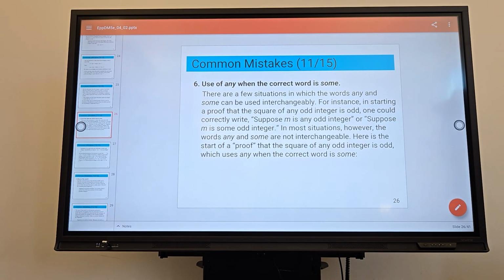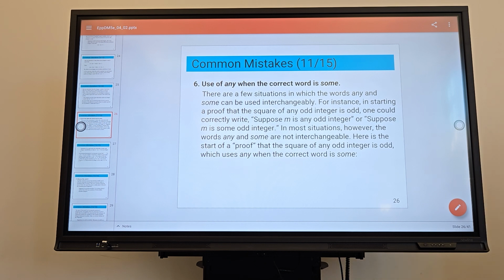Use of "any," another mistake: use of "any" when the correct word is "some." Now, sometimes they can be used interchangeably. For example, for any integer n, if n equals 2k, where k is an integer, n is even.